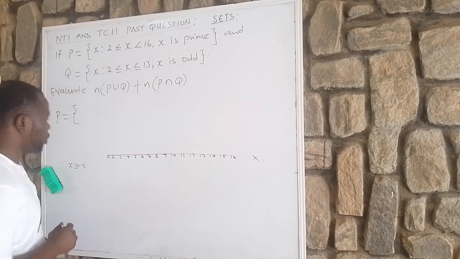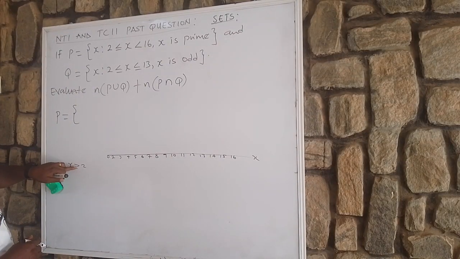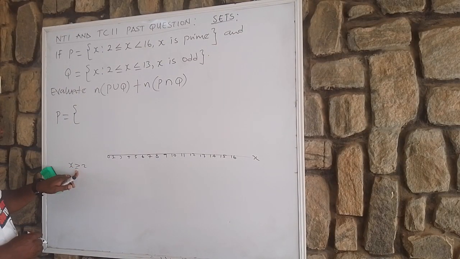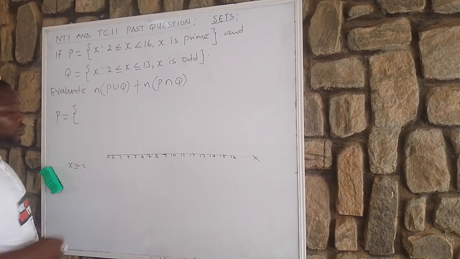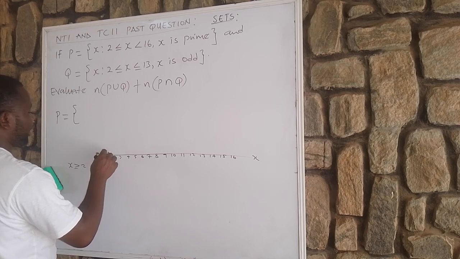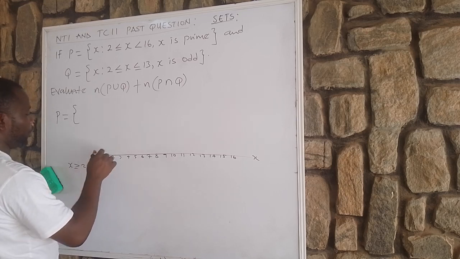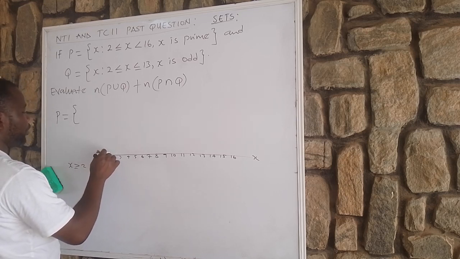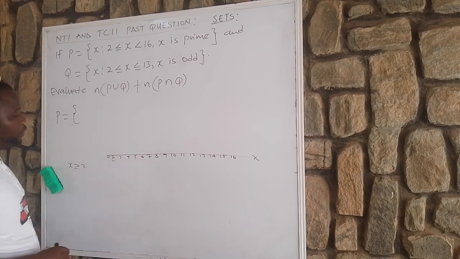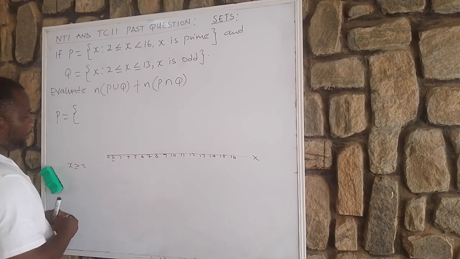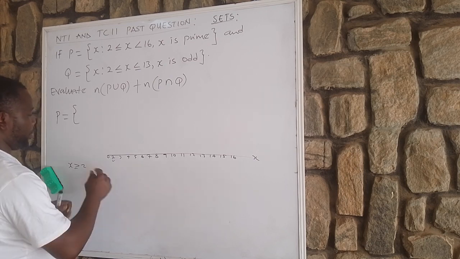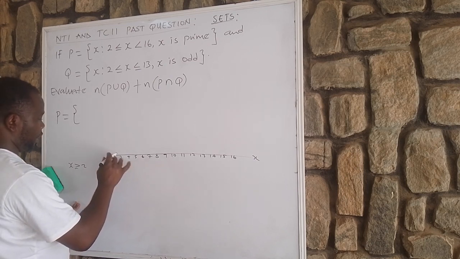So 2 is also a prime number, because it can be divided only by itself and 1, true or false? So we take 2, then 3 can be divided only by itself and 1.